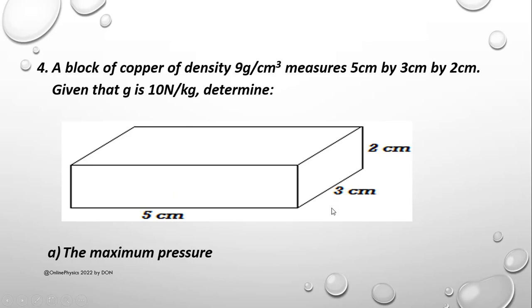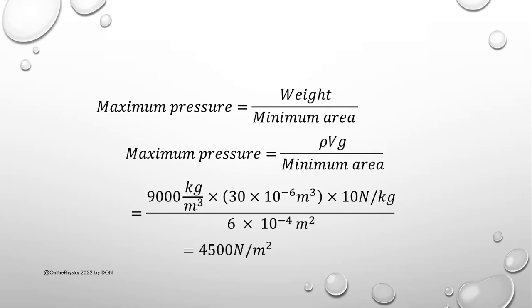So it is 0.03 times 0.02 in SI units, that's the meter. So we have 6 times 10 power negative 4 square meters. That is the minimum area in the SI unit of area. When you work out all this, we get 4500 newtons per square meter.